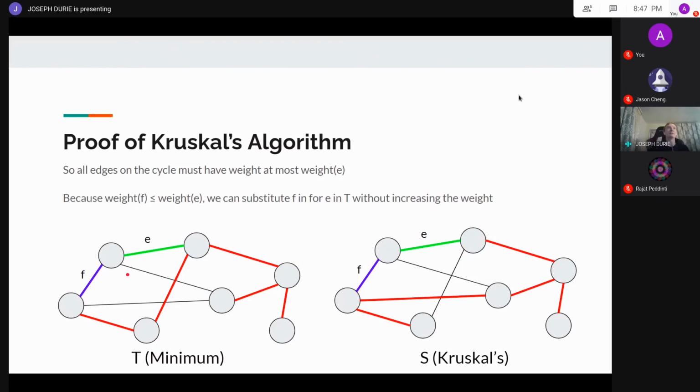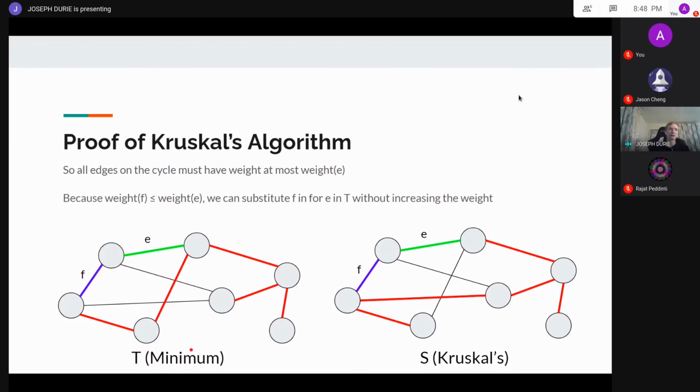And you know that E and F both have to connect those 2 components, because those components are the same in these 2 graphs. If you add E, that connects those components in T. And if you add F, it connects those components in S. So if you add F here, that's also going to connect those components here.